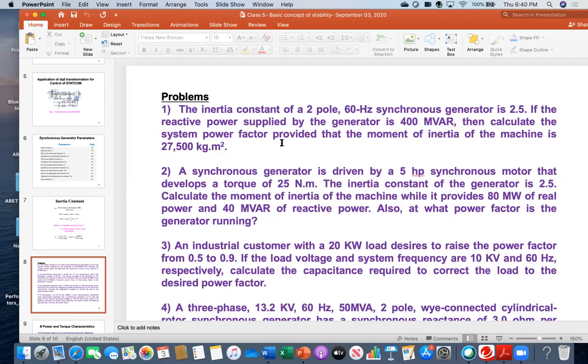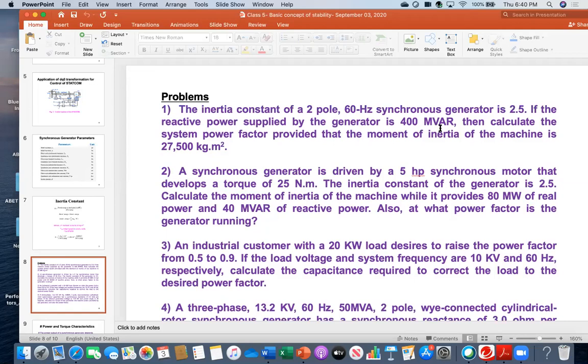So the inertia constant is given. In the equation that you all just wrote down, the H value is given, which is 2.5. And then this is the synchronous generator rating or information. It has a 2-pole 60 Hertz system. And what else is given? Its reactive power information is given, which is 400.